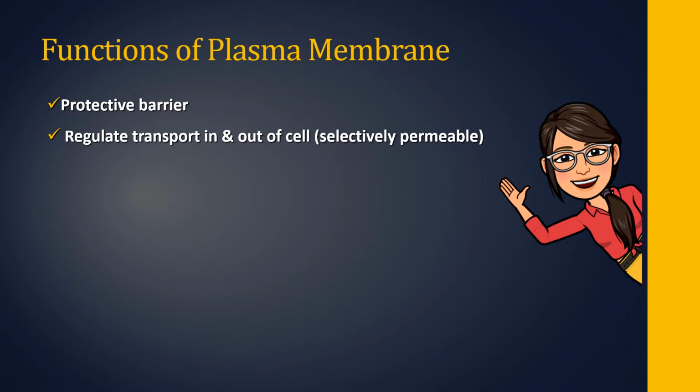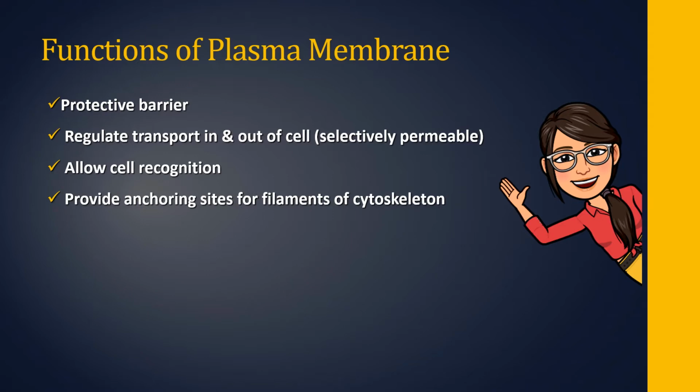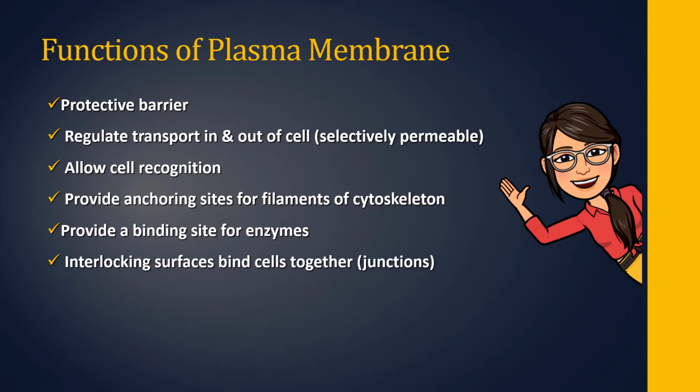Second, it regulates transport in and out of the cell. That's why it's called selectively permeable. It allows cell recognition, provides anchoring sites for filaments of the cytoskeleton, provides a binding site for enzymes, interlocking surfaces bind cells together in junctions, and contains the cytoplasm, which is the fluid in the cell.